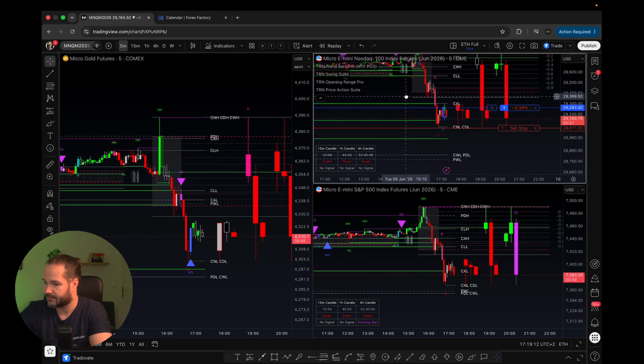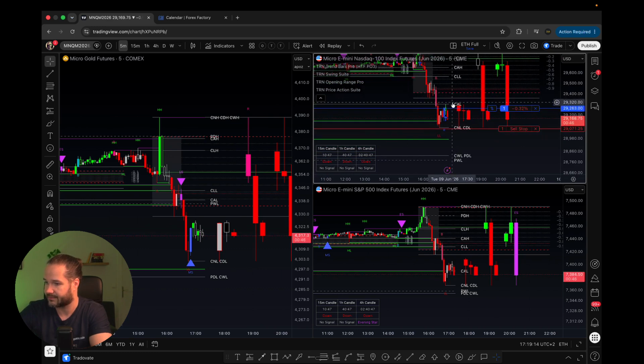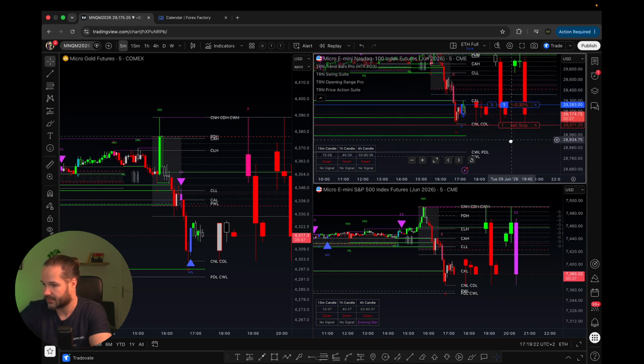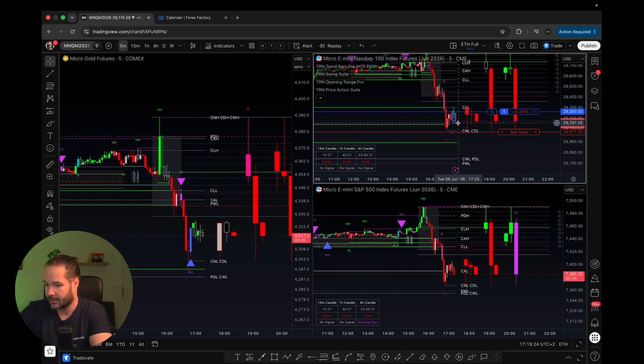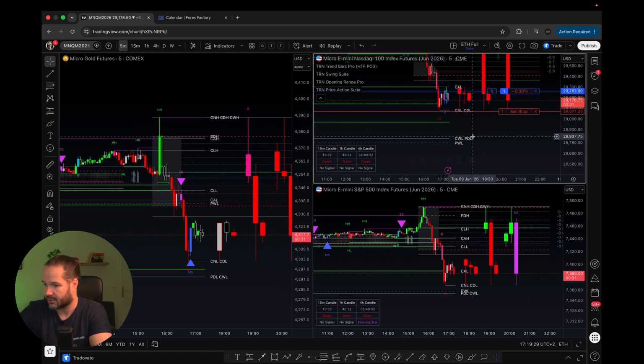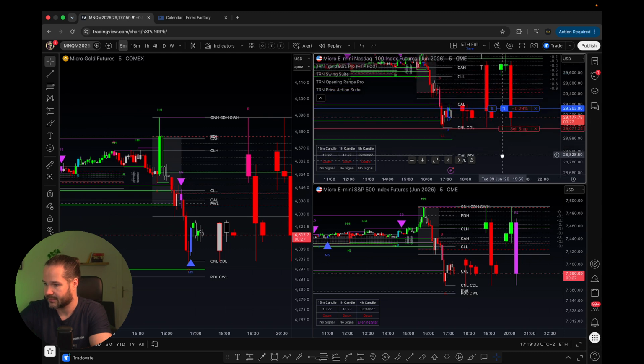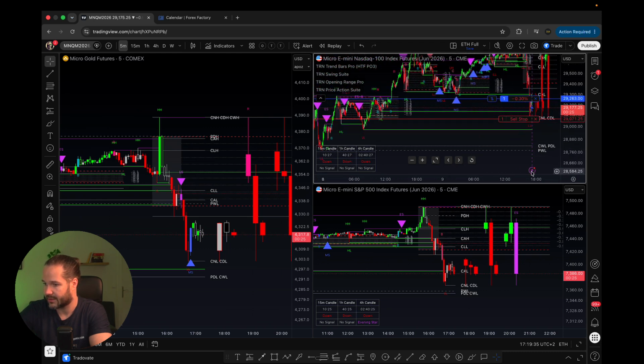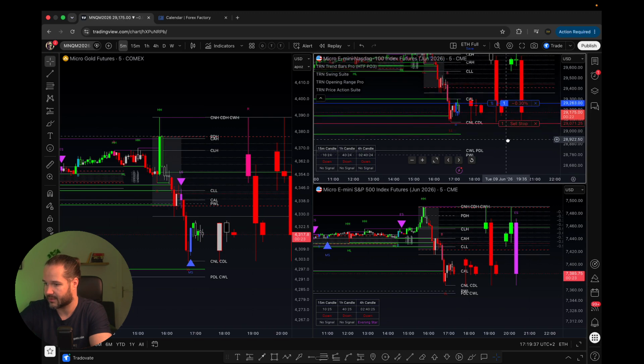And honestly, I could instantly try a short then, because we had the pullback, and now we're turning to red trend bars again, probably. So I could enter a short trade and then target this cluster of levels right here, which is very close already, and it's a very strong magnet.